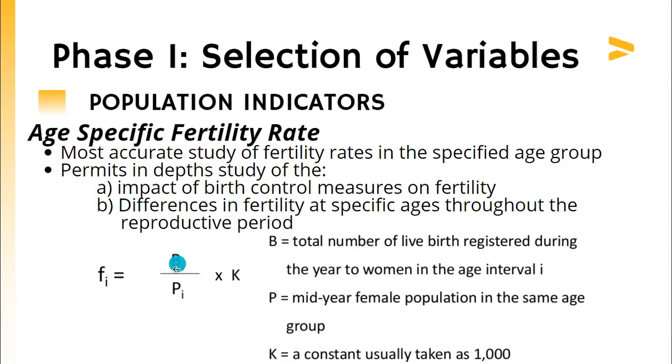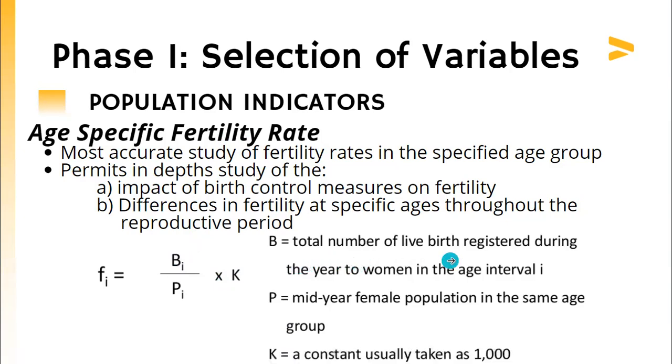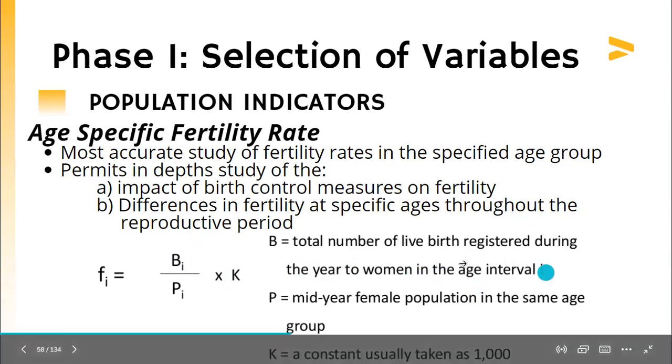So BI divided by PI times K, which is the constant. Your BI would refer to the total number of live birth registered during that particular year in that specific age interval, divided by the total number of female population in that same age group in your numerator. We multiply it with your constant taken as 1,000.